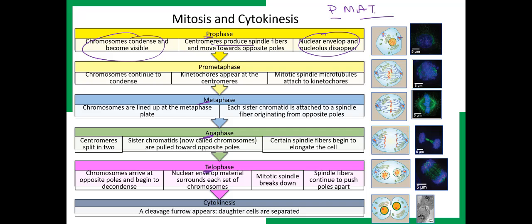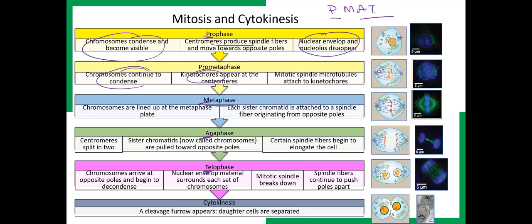and then prometaphase is a continuation of the condensation and visibility of chromosomes. Kinetochores appear, and then you've got the start of the mitotic spindle production. And then in metaphase, the chromosomes are lined up in the metaphase portion, right?